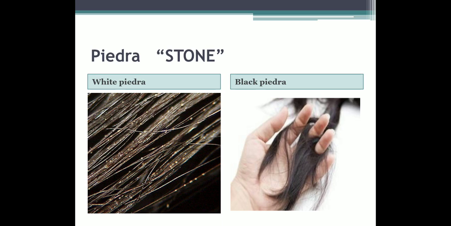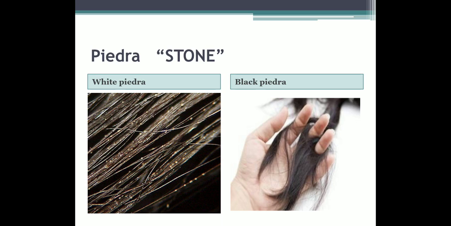Whereas in black piedra, you find stone hard black nodules primarily in the scalp, and the patient typically complains of a metallic sound heard while combing his hair. However, itching is not present in black piedra.